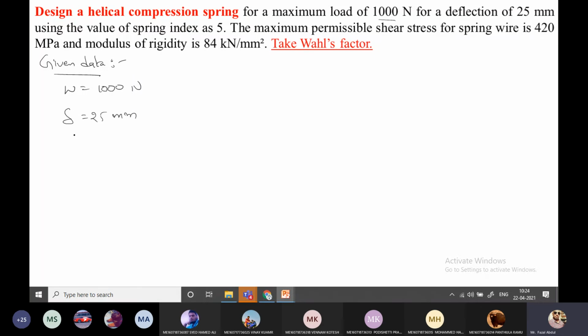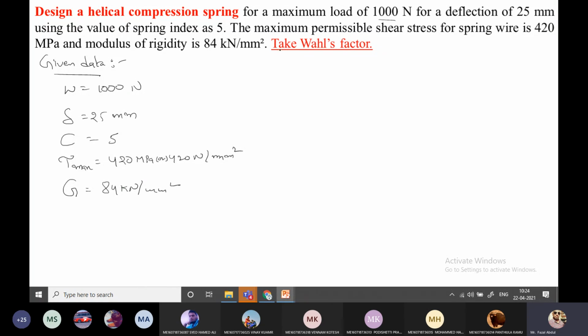Spring index capital C is 5. Maximum permissible shear stress for spring wire, sigma max, is given here as 420 megapascal or 420 newton per mm square. Modulus of rigidity capital G is 84 kilonewton per mm square.